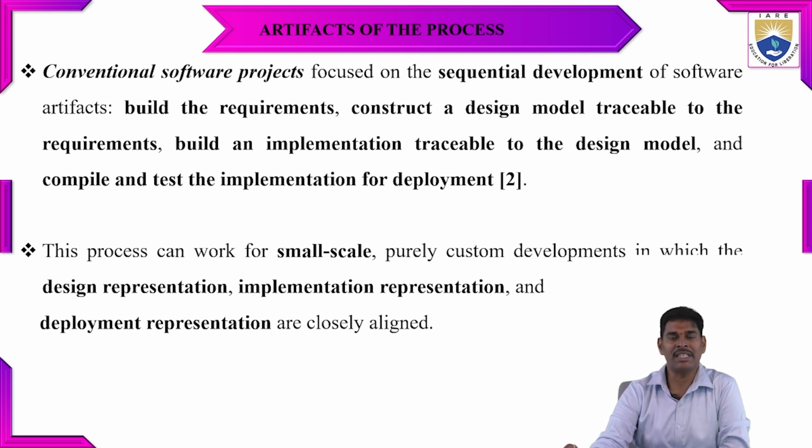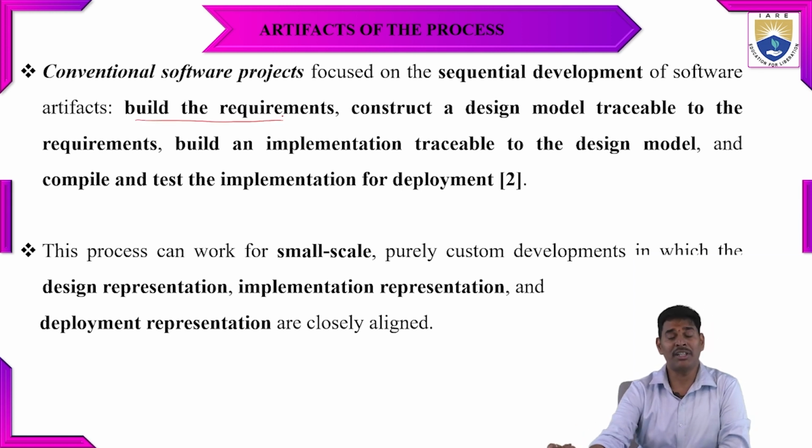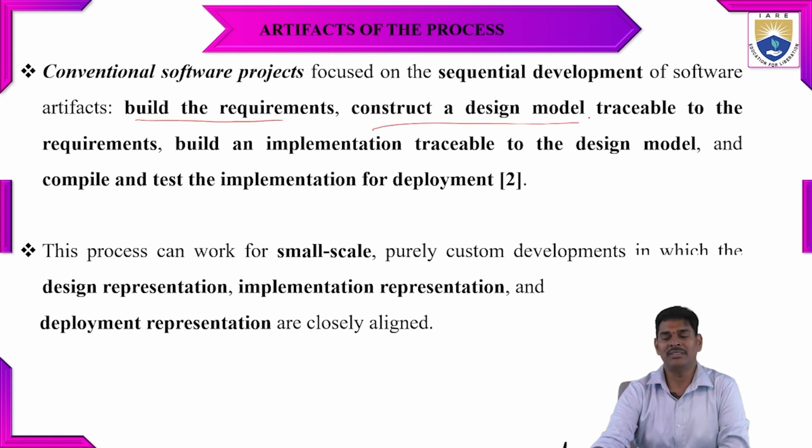We have two types: one is conventional and another one is the modern process. The conventional is a sequential process. In this sequential development, we have build requirements. In the waterfall model, build requirements is the first phase or stage, and the next one is to construct a design model that is traceable to the requirements.